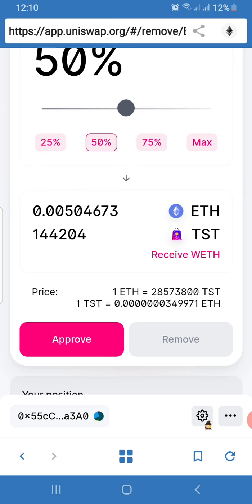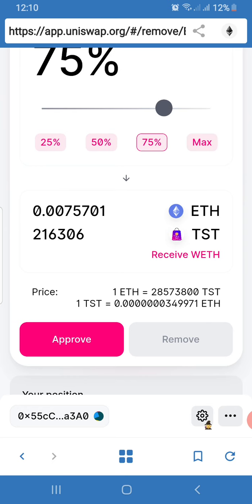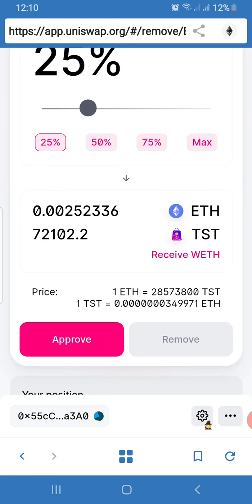If I decide to go for 50%, this is what I will receive. If I decide to go for max, like I want to withdraw the whole liquidity I provided, this is what I'm going to receive. So you can decide to remove part, 25%, 50%, 75%.